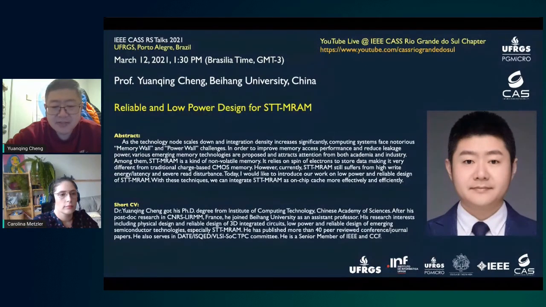But this radiation problem can be alleviated effectively by the STT-MRAM, because we use magnetism to store the data, and the spin cannot be changed very easily by high energy particles.